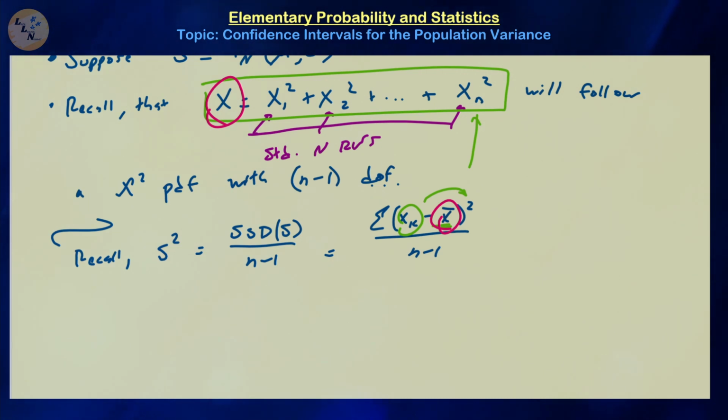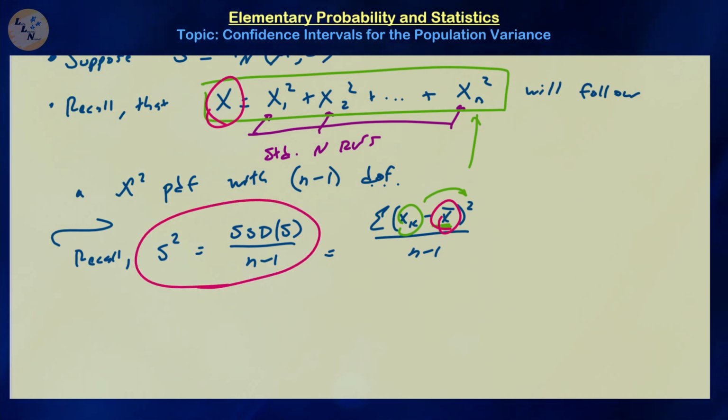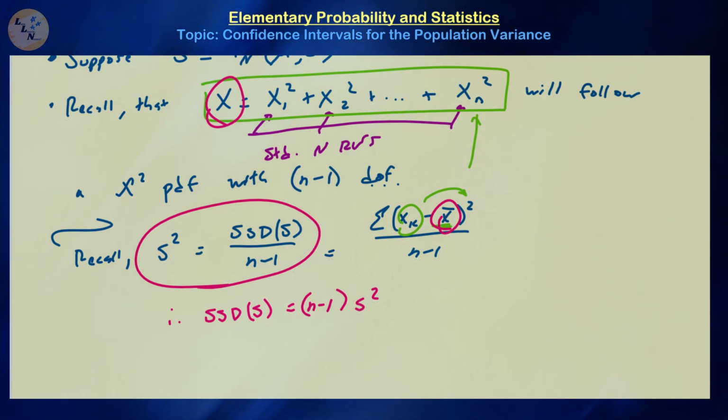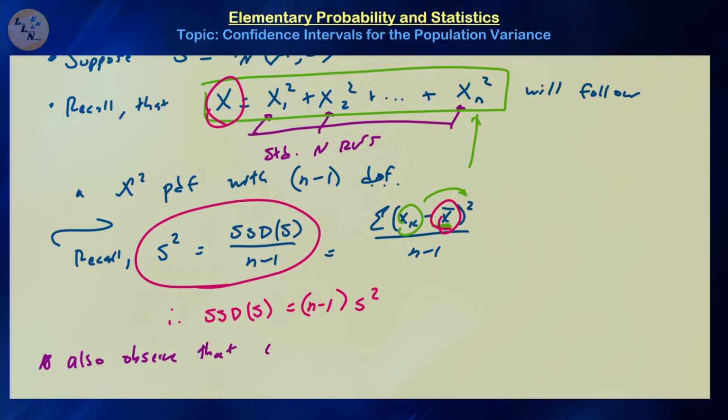If we observe it from this perspective, we can multiply both sides of this equation by n minus 1, and then the sum of squared differences for a sample follows the same exact distribution as n minus 1 times the variance of an arbitrary sample. Once you are able to make that observation, one can also observe that sigma squared will be a constant.